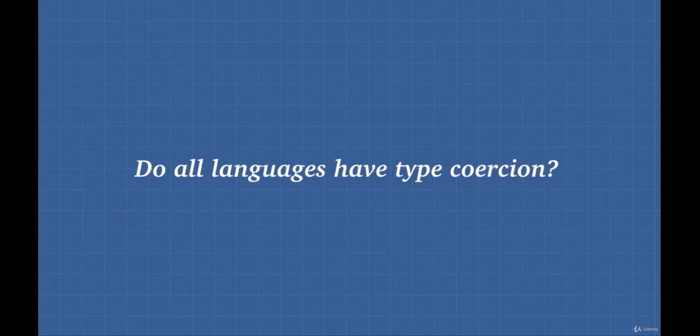The number 5 in actual physical memory on my computer is represented in 1s and 0s. And all languages do this, so there is some sort of type coercion at different levels of the stack. It just so happens that JavaScript has an especially heavy type coercion nature to it because it's dynamically typed, which is why it does this.